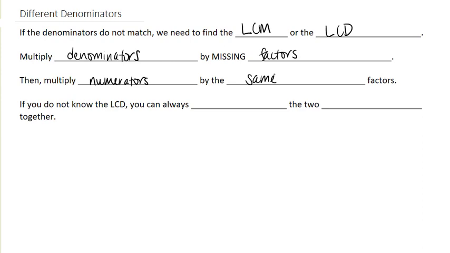And if we don't know the least common denominator, you can always multiply the two numbers together.